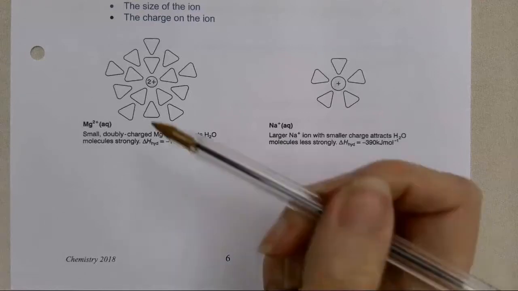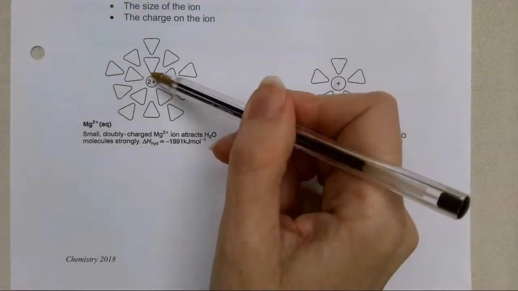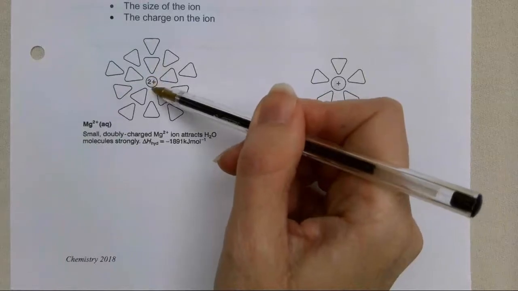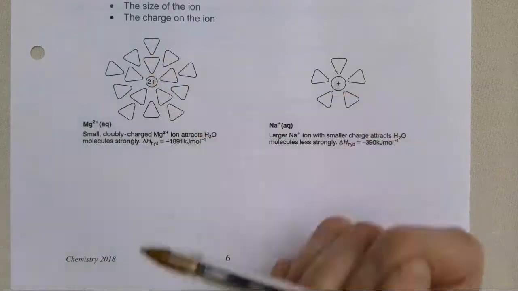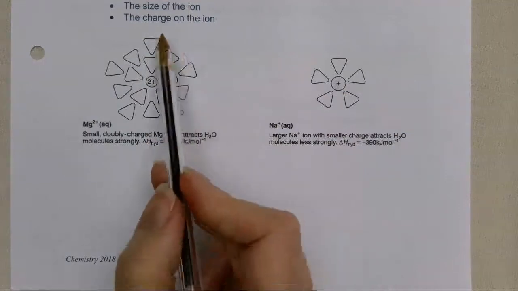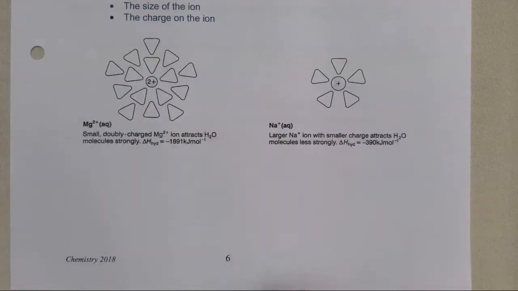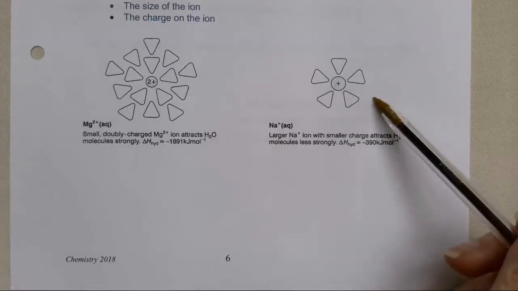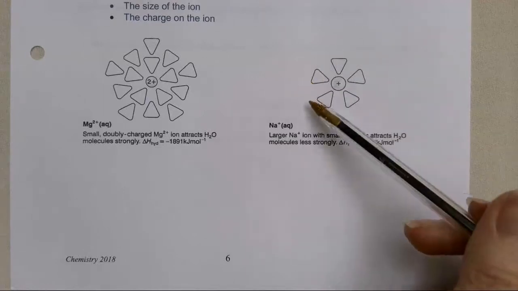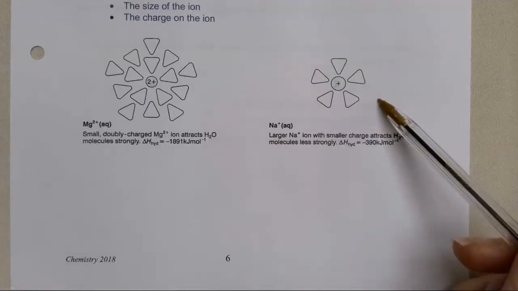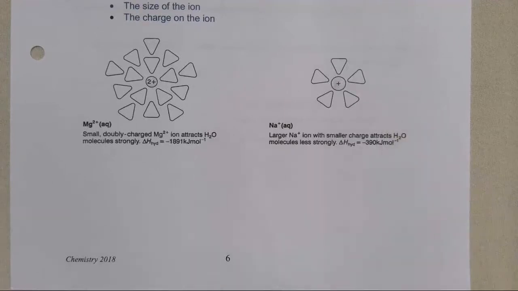They're particularly orientated so that the negative end, the oxygen, is pointing towards the 2+, and the hydrogens are pointing away from it. So these water molecules are becoming ordered. Because magnesium is a small and highly charged ion, it can order those water molecules quite strongly. Whereas sodium, on the other hand, can't organise the water as efficiently. So you get less ordered water around the sodium ion because it's too large.